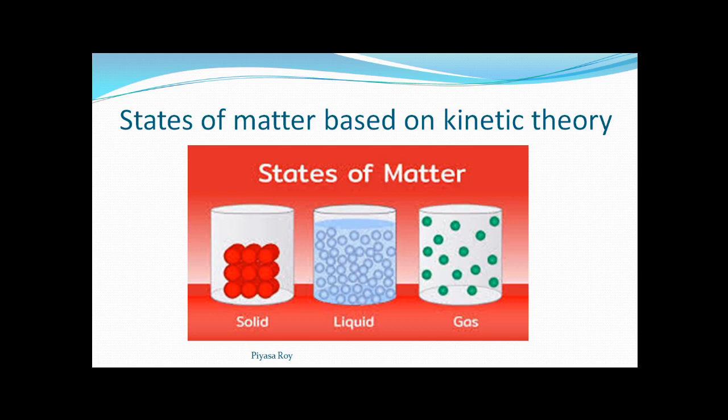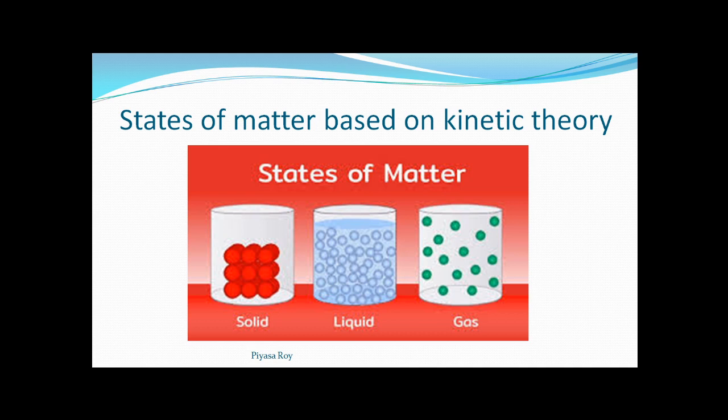And as the intermolecular force of attraction is maximum here, the random motion of the particles will be least in case of solid. So for solid, the kinetic energy will be least, as the movement of the particles is least here, okay.